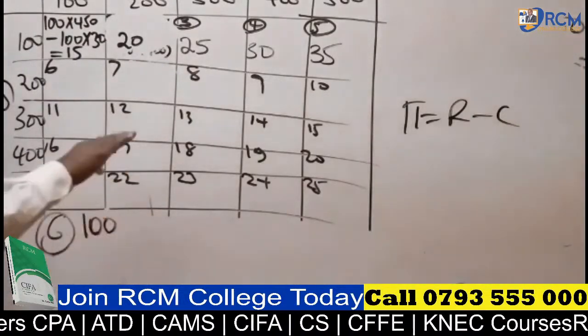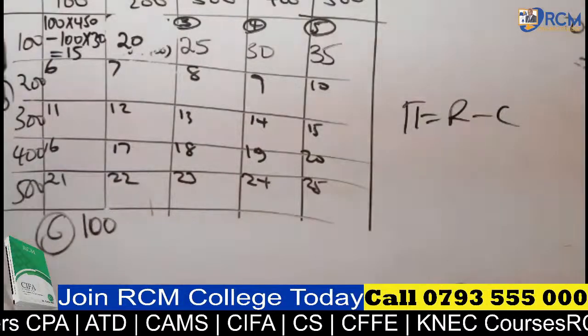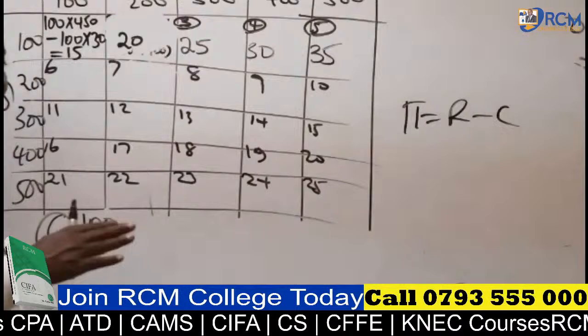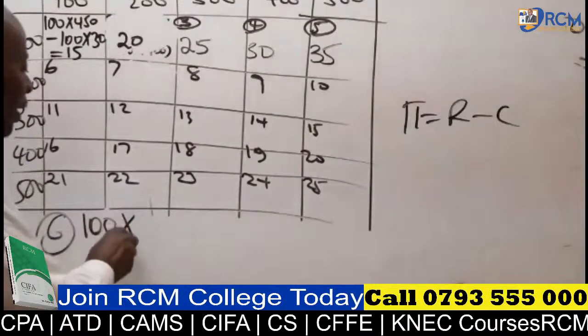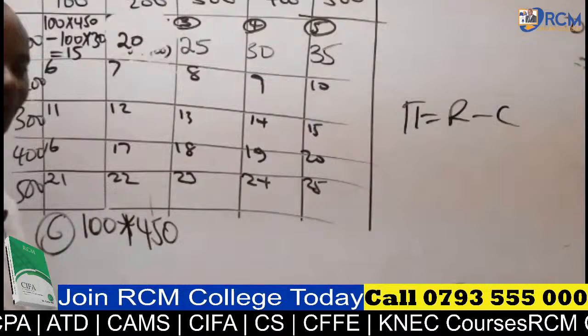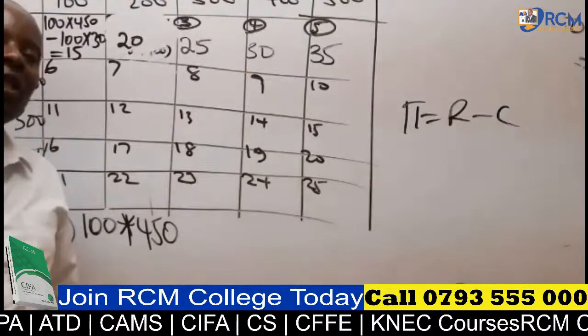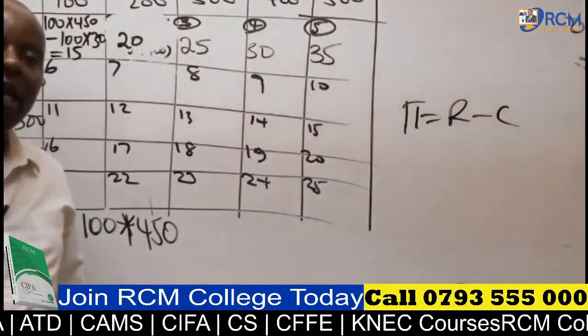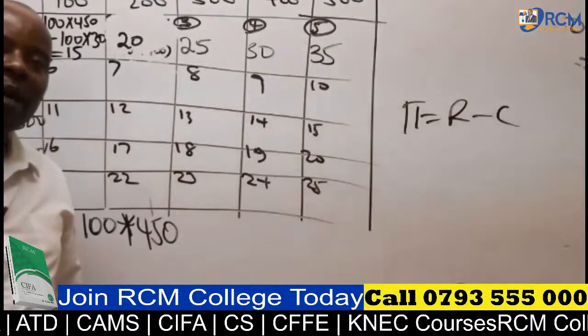When demand is low, you sell lower. So I shall only sell 100, at a price of 450. What happens with the excess units that were not bought?